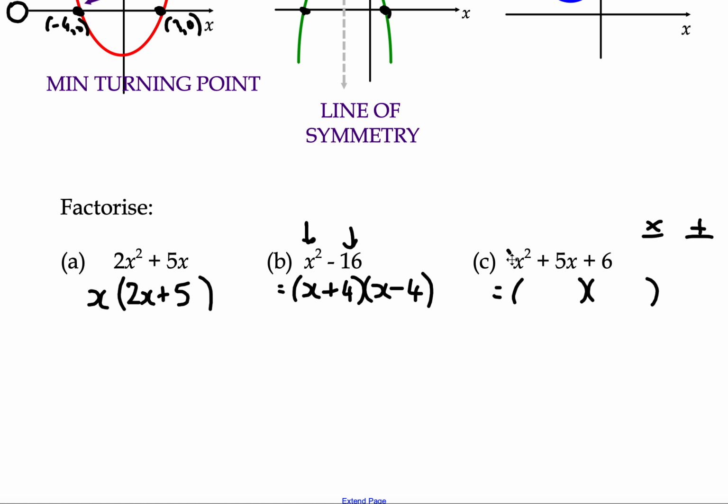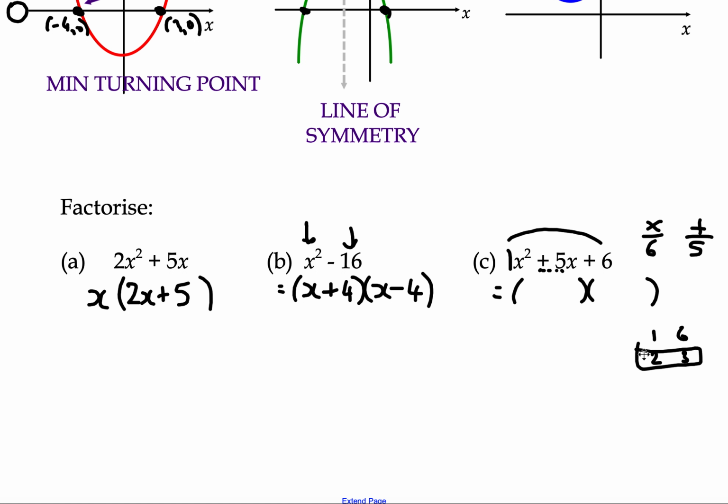So the coefficient of the x squared is 1, and you do 1 times 6, multiply the two end terms, which is 6, and then you write down the plus 5x, just as in 5. What we're looking for are factors of 6 that add up to 5. So we think of factors of 6, that's 1 and 6, or 2 and 3. Which pair add up to 5? Well, 2 and 3 add up to 5.